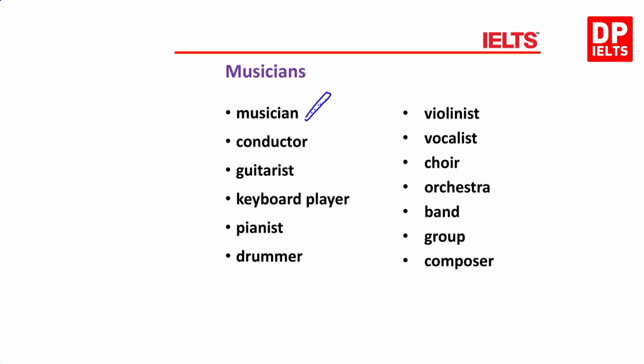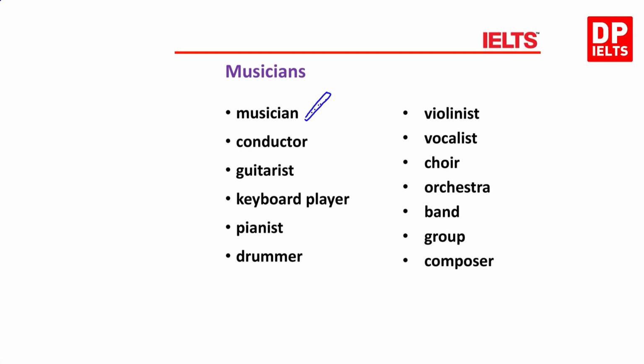Keyboard player, someone who plays the keyboard. Pianist, someone who plays the piano. Drummer is someone who plays drums. Violinist is someone who plays the violin. Vocalist is someone who actually sings.